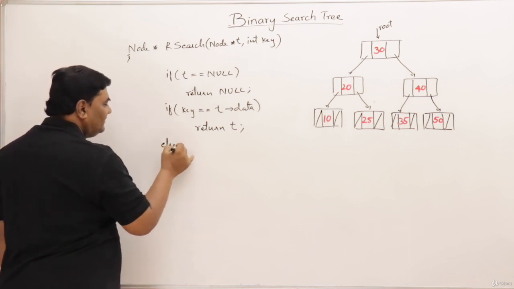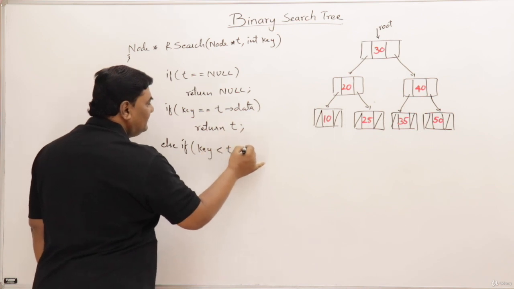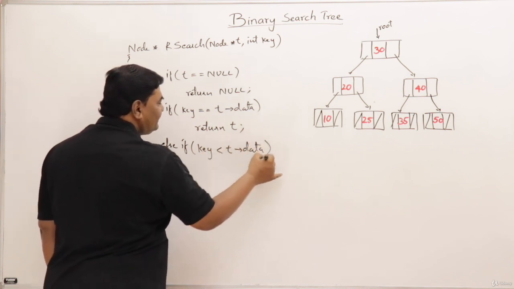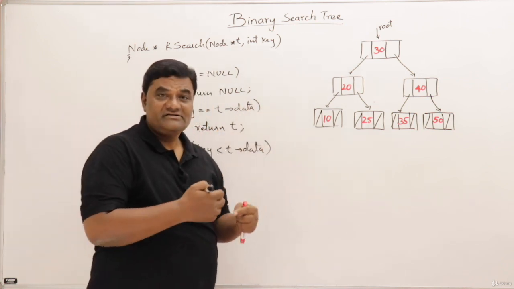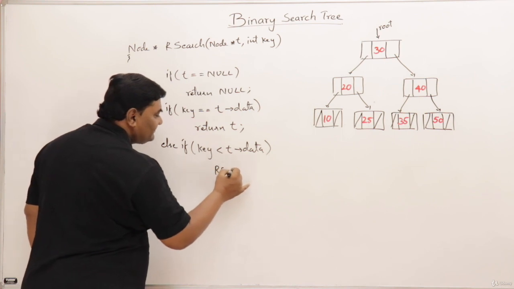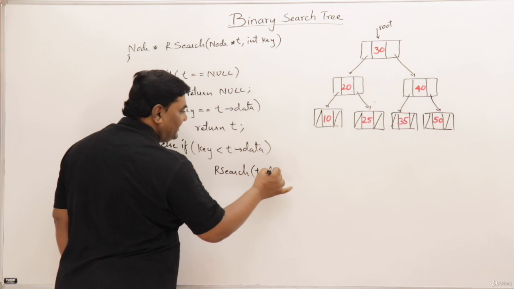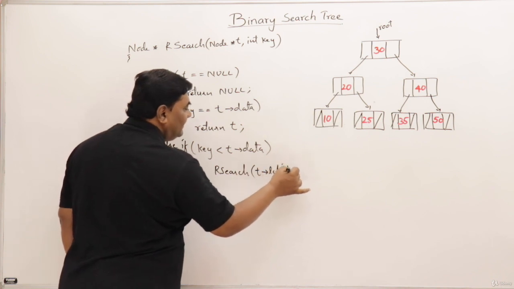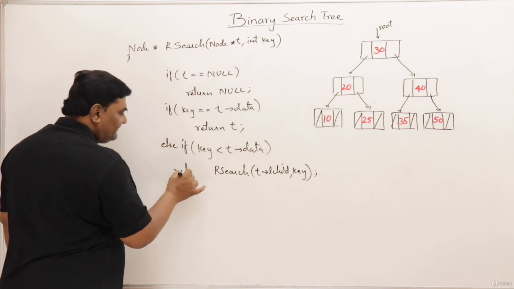Else, if key is less than t's data, if it is on the left hand side, then perform search on the left subtree recursively. So it will call itself recursively, rsearch, by passing t's left child and key. This result will be returned.